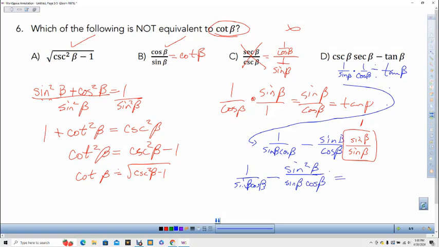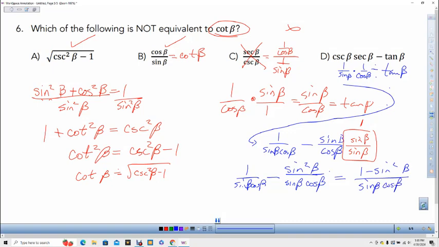So now, common denominator, we can put these two together. We end up with 1 minus sine squared beta over sine beta cosine beta. And you're probably thinking, well, that didn't help much.